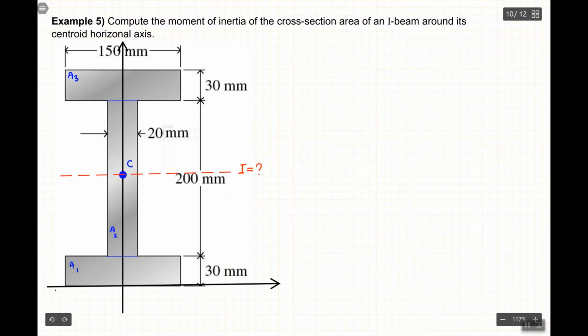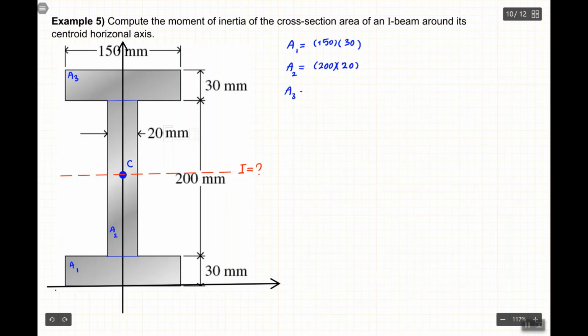All right, so let me step by step write down A1. So A1 is 150 multiplied by 30. A2 is 20 multiplied by 200, so 200 multiplied by 20.